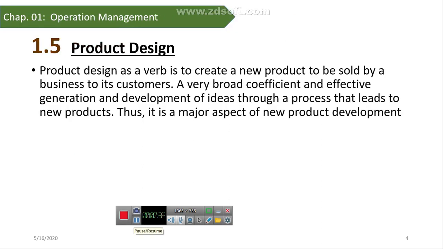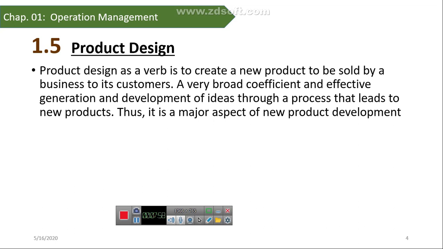In our course they only talk about the product design, while with the product design, service design is automatically included. Major factors in a strategy are cost, quality, time to market, customer satisfaction, and competitive advantage.